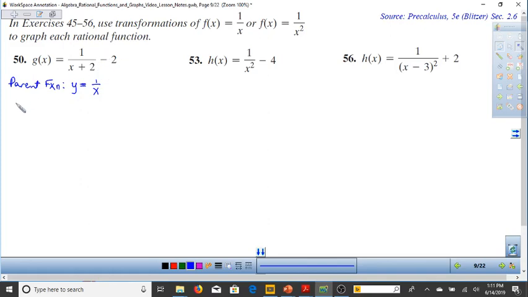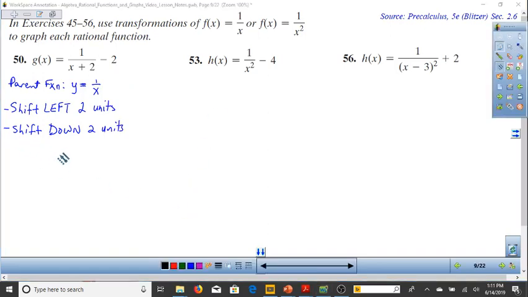So we're going to shift the graph left 2 units because of x plus 2, and then we're going to shift the graph also down 2 units because we're subtracting from the y values.